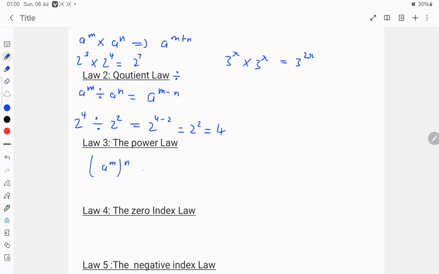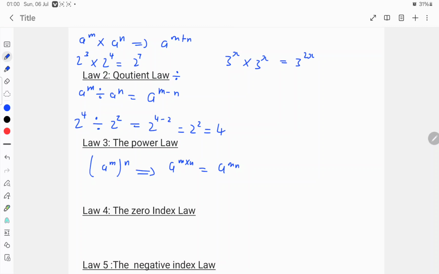Power law simply means for us to remove this, we are going to multiply. So we're going to have a power m times n, which is a power mn. That means we multiply it.